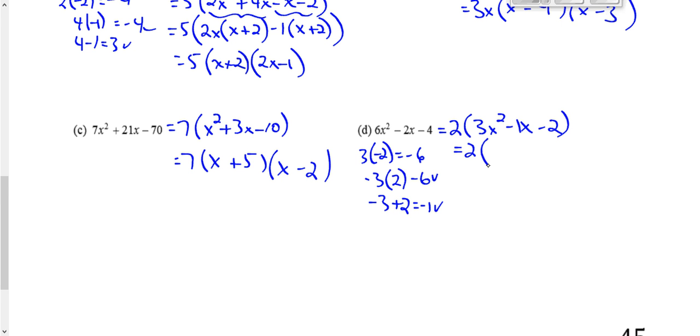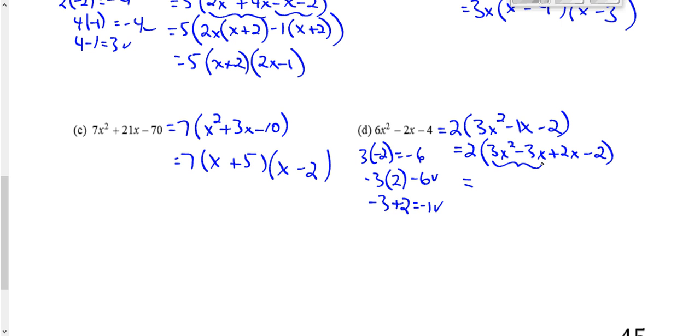So it's going to be 2 times what? 3x squared minus 3x plus 2x minus 2. Serenity, what's the GCF in the first group?